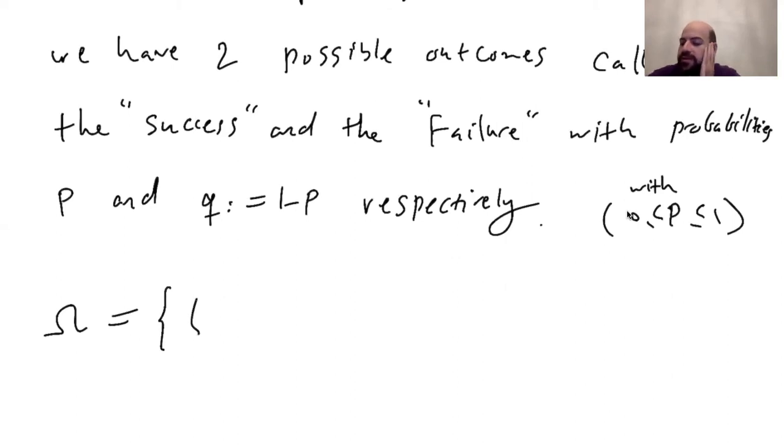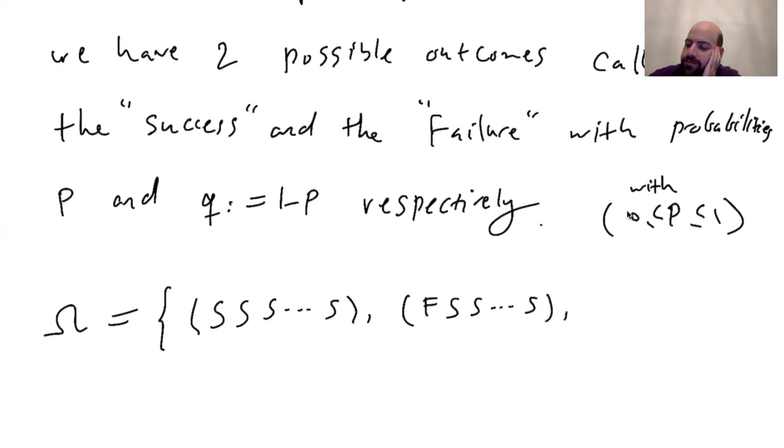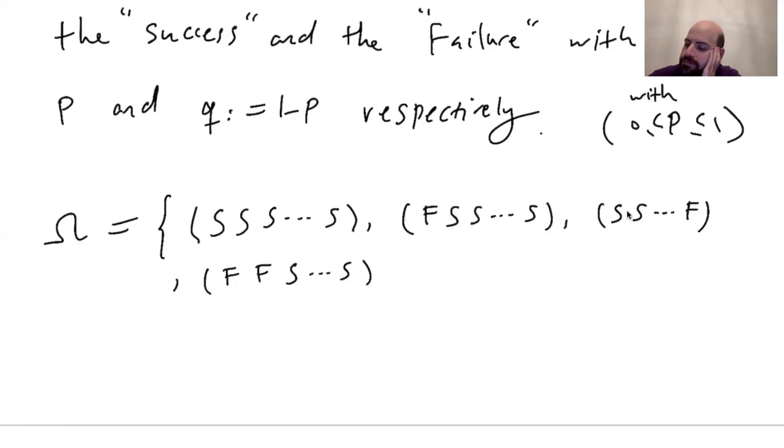One possibility is that we have all successes, or we can have one failure, or we can have two failures, and so on, or we can have all failures.